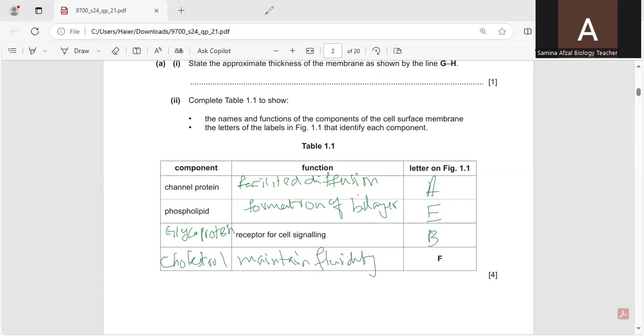So these were the different parts labeled, the names of all these parts.